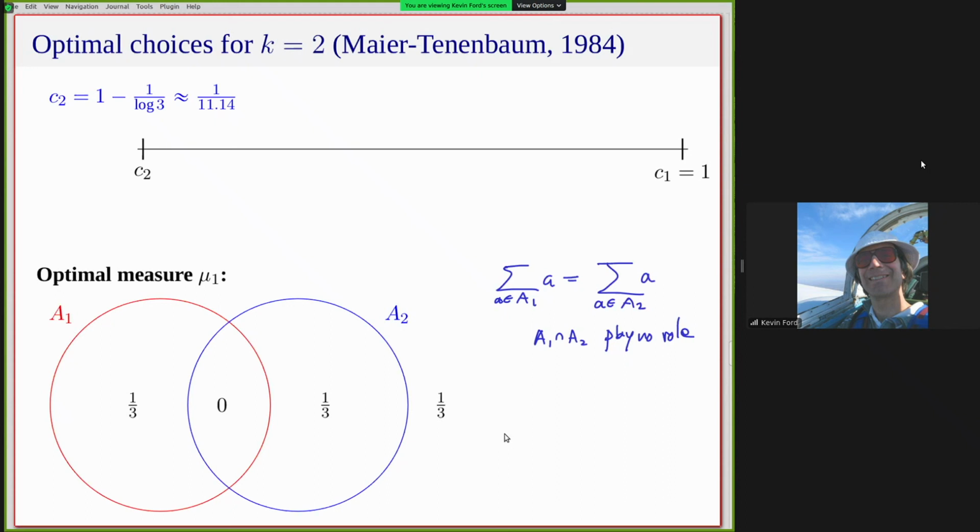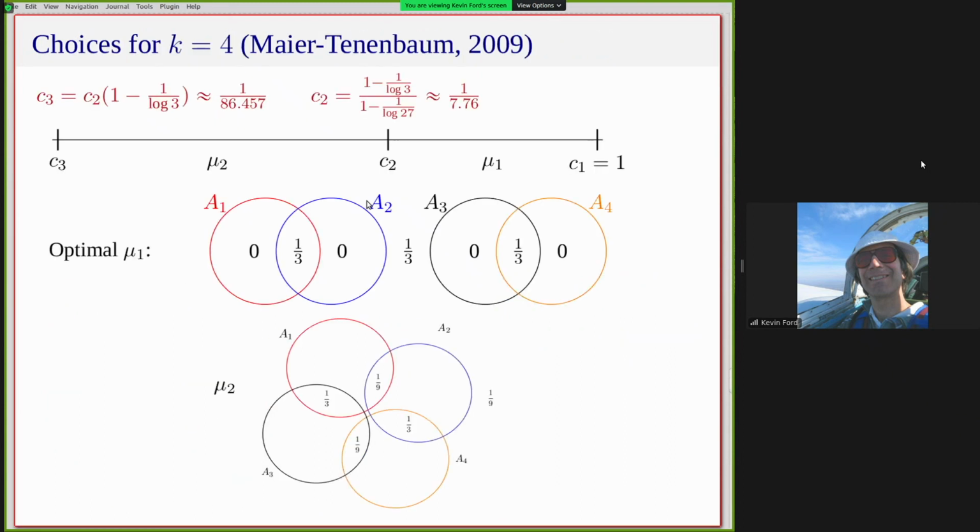But in some sense, what this means is that in this interval, we're using about 2/3 of the prime factors, and the other 1/3 are unused. Maier and Tenenbaum exploited that in their later work, which I've illustrated here in the case of k = 4.